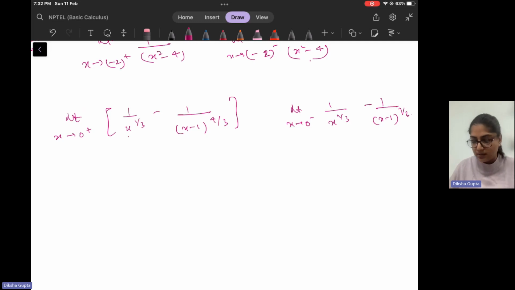Again the same trick: x greater than 0, this will be positive. x greater than 0, something like 0.1, this will be positive, this will give you 1 upon something, 1 upon 1, and this will be positive, negative, and this is some less than 0.